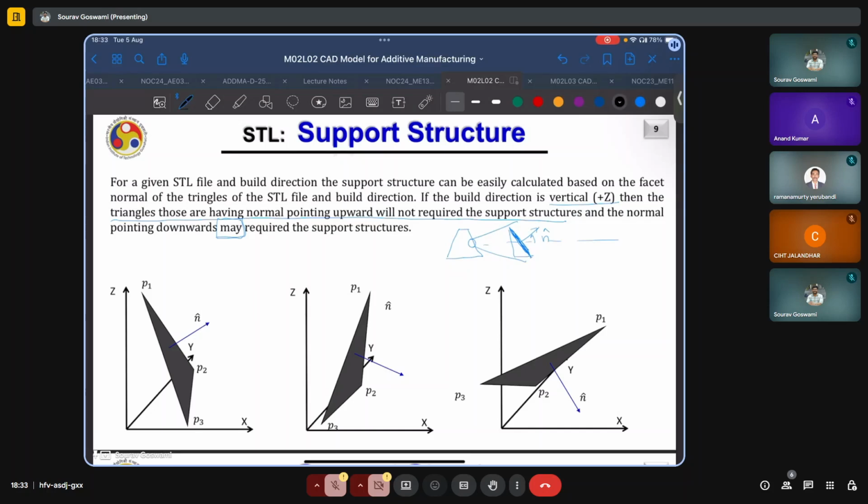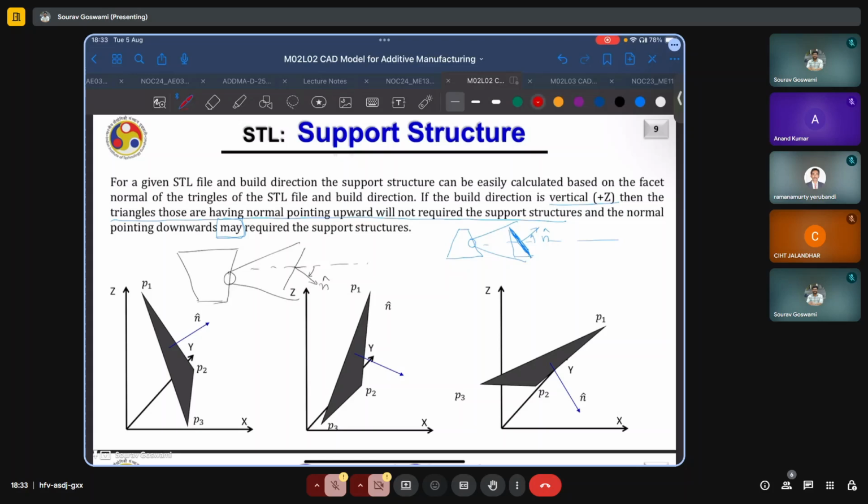Whereas if we now invert the configuration, look at a region such as this. This is my triangular facet, and this is its normal vector, and it is pointing down. When I say down, it is having an angle below the horizontal.